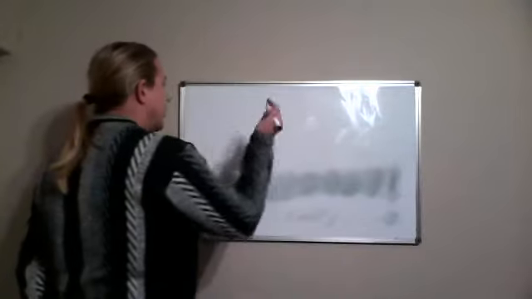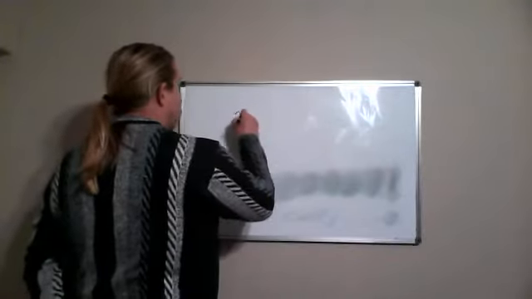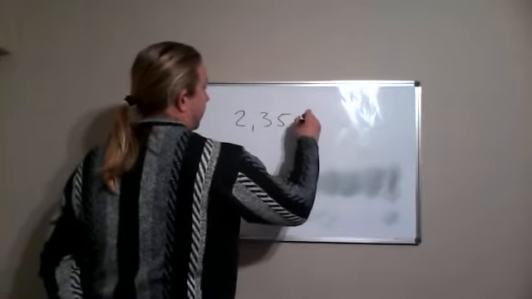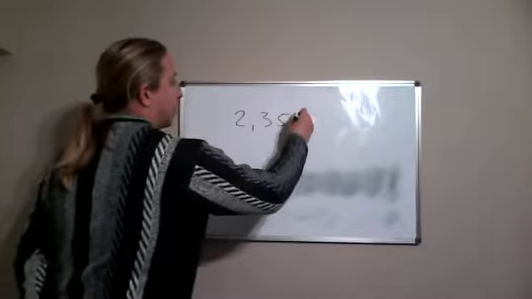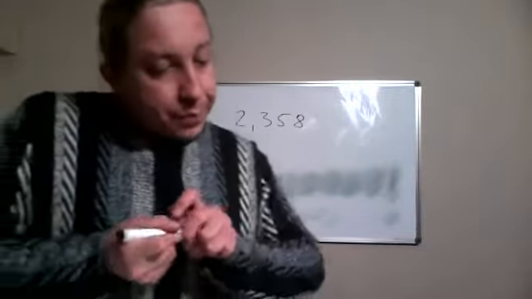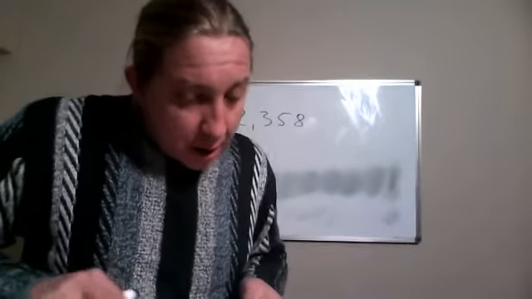Okay, so when rounding off decimal fractions, we look at the digit to the right of the decimal place we wish to round off to. Okay, so let's have an example. Let's have 2.358. Okay, let's say that is our number. We're going to deal with that. So I'm going to start again.